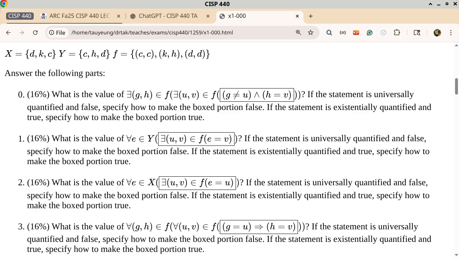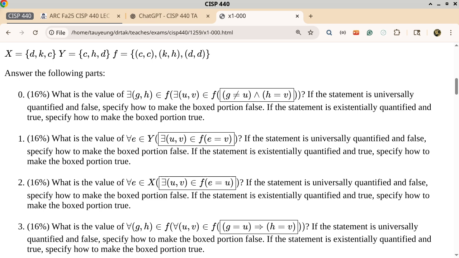So for every element in the codomain, if F is a function, there exists a pairing in F such that some U is mapping to this E in the codomain. Okay, so now I'm confirming that this has to do with surjectiveness. Then the next question is what is the polarity of the answer?